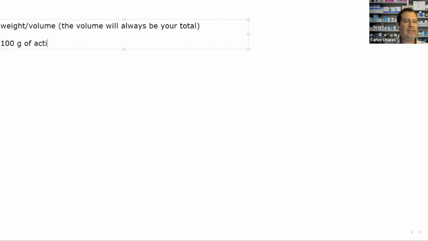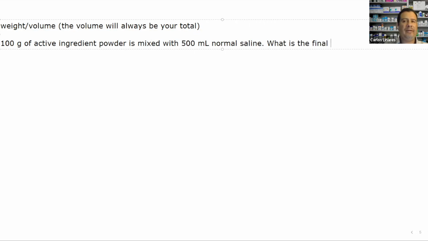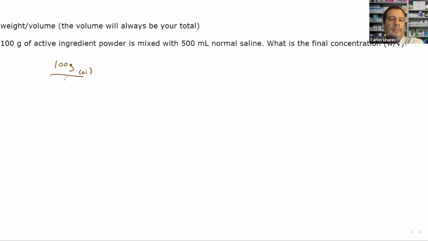So 100 grams of active ingredient powder is mixed with 500 mLs normal saline. What is the final concentration, weight per volume? In this case, all we're doing is taking the 100 grams of active ingredient and dividing it over the 500 mLs of total.